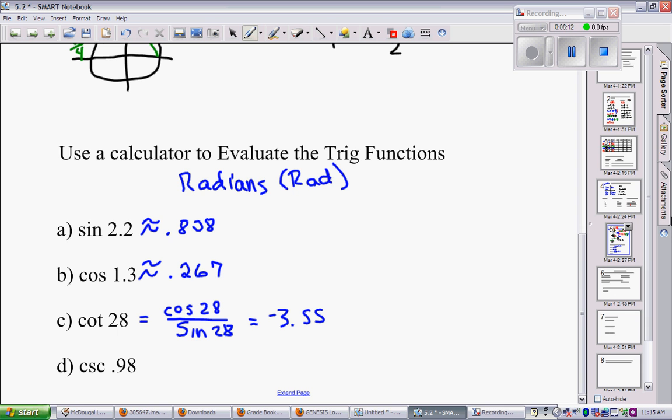You could have also plugged it in as 1 over the tangent of 28. You will get the same answer. And the cosecant of 0.98, you need to plug it in as 1 over sine of 0.98. And you get out 1.204.